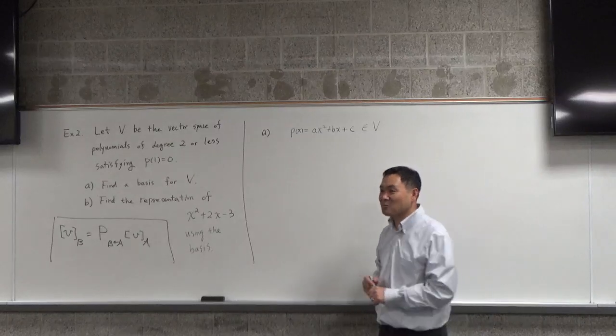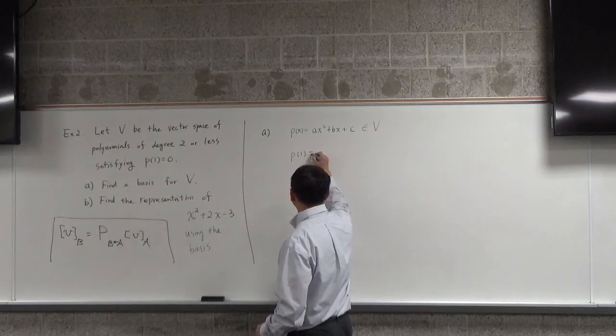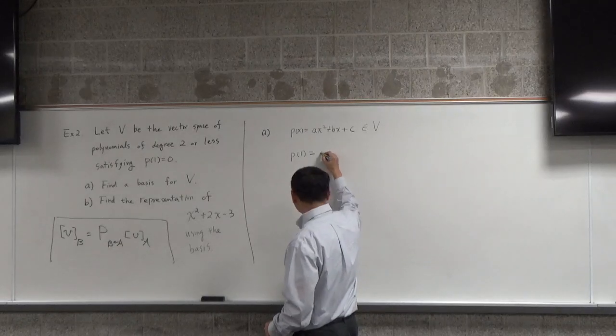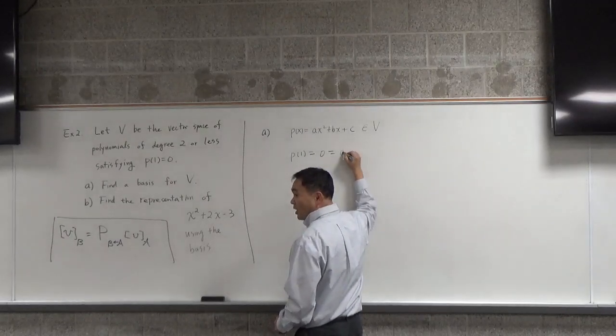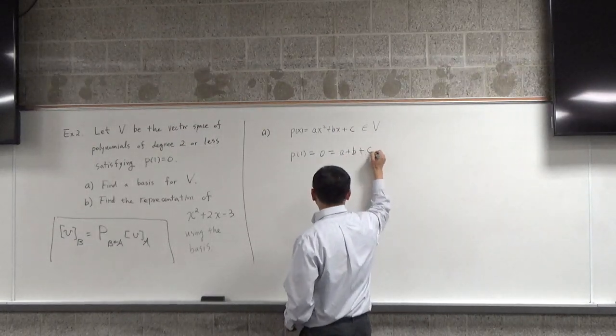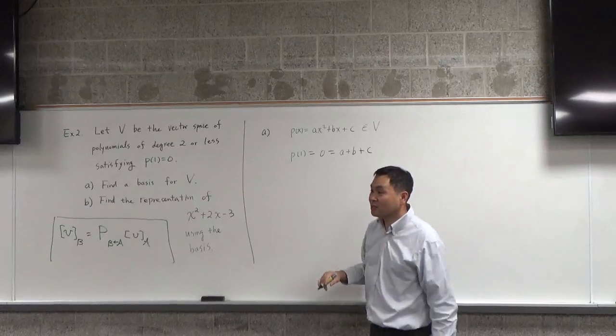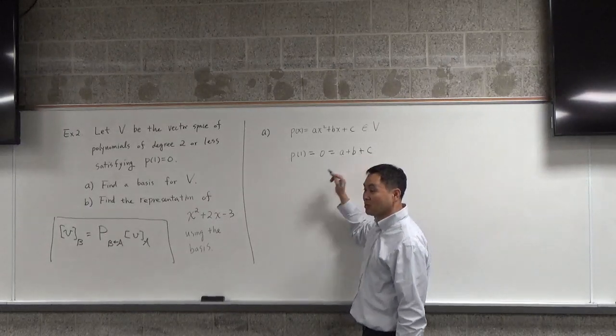Just write it down. What's P of 1? If you plug in 1 here, what do you get? a plus b plus c is equal to 0, right? So you see that you can solve this for any one of them.